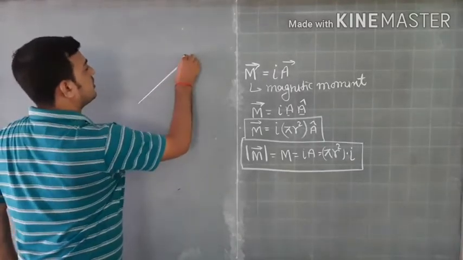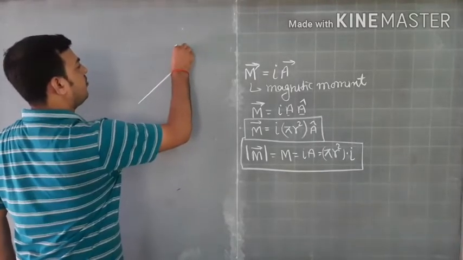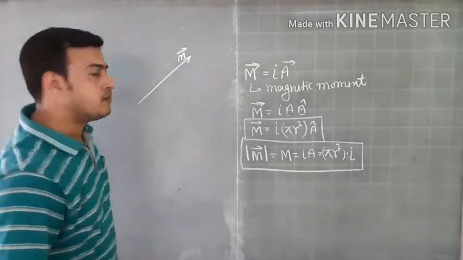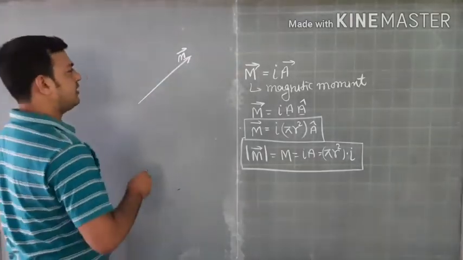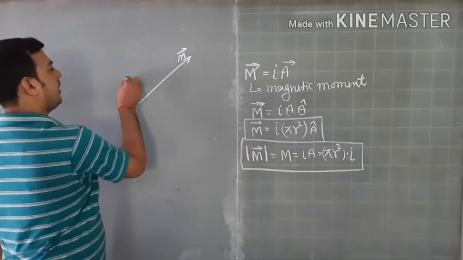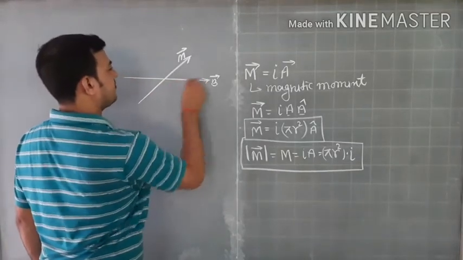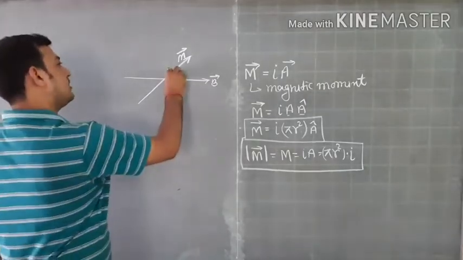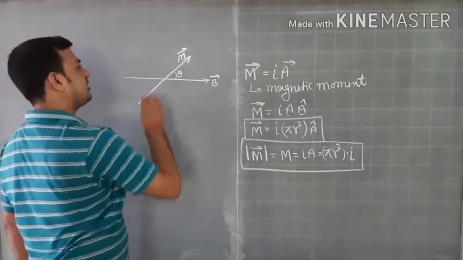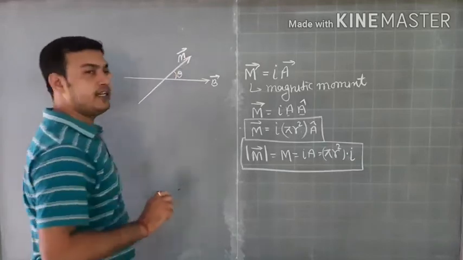this is the magnetic dipole moment of a magnetic dipole, or a current carrying loop, you can say, and I place this in an external magnetic field B that makes an angle theta from the direction of magnetic moment.